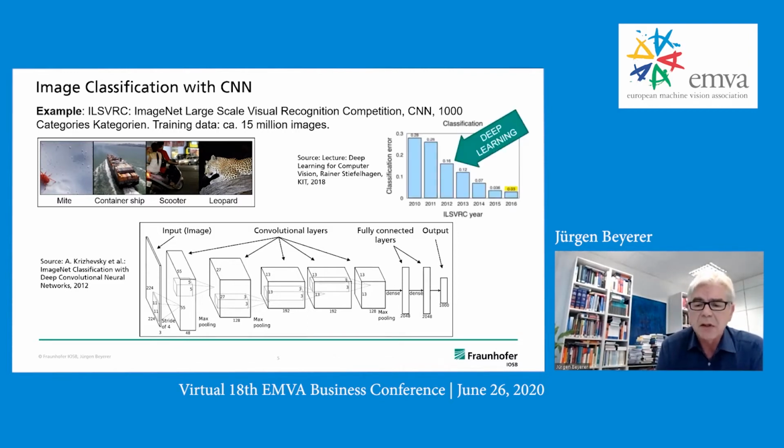And as you can see here in the classification error of the competition over the years, in 2012 there is a significant reduction of classification error, and over the years the performance of the CNNs reduced the error in a way that was not conceivable with traditional image processing methods. 2016, it was at 3%.